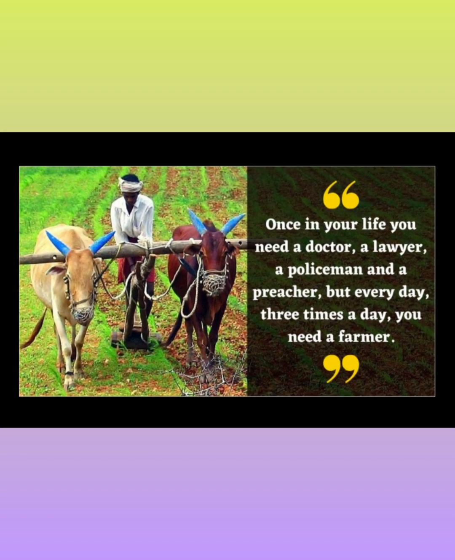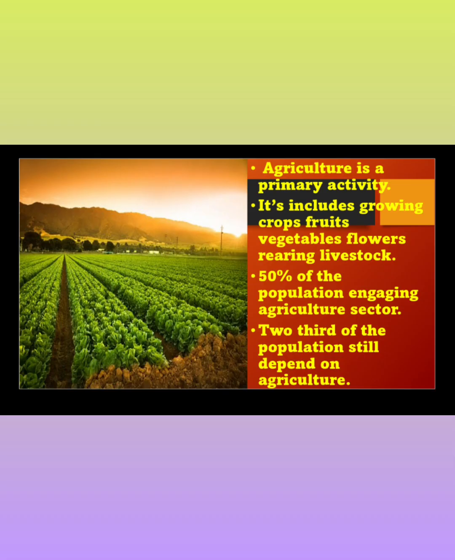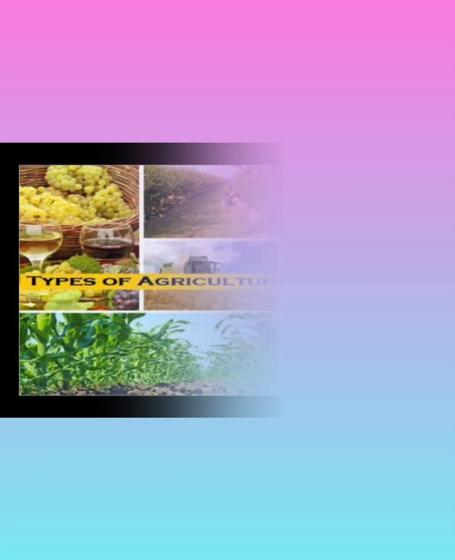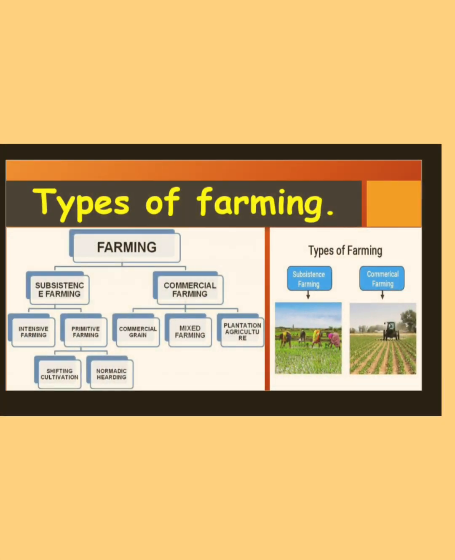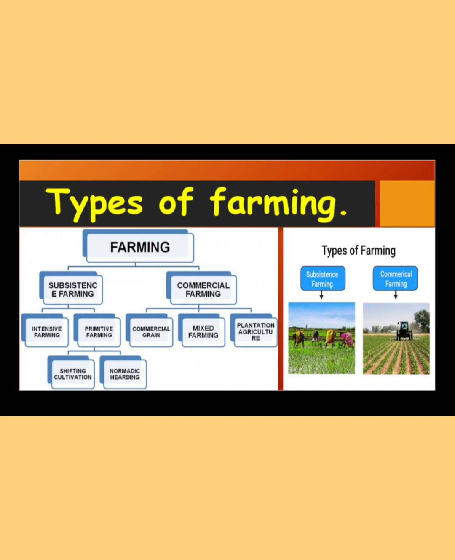Farming is practiced in various ways across the world depending upon the geographical conditions, demand of production, labor, and level of technology. Farming can be classified into two main types. These are subsistence farming and commercial farming.